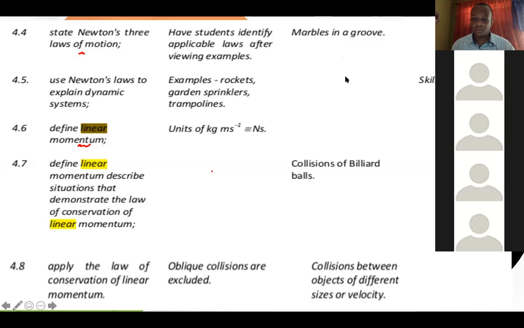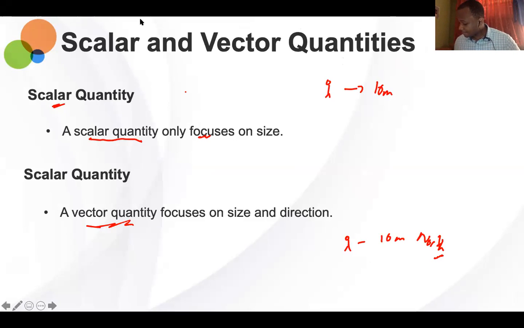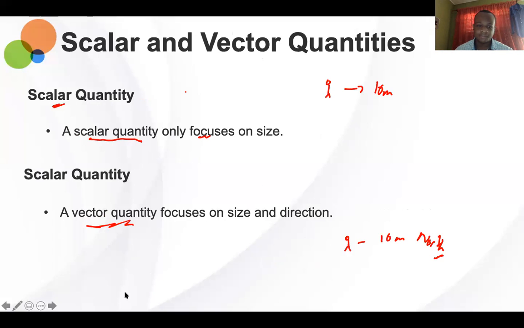So we had some basics to get out of the way, which include scalar and vector quantities. We spoke about that, right? We said that scalar quantities are quantities that only focus on size. So if we are describing the trajectory or the movement of a person, we would say that person is moving 10 meters.